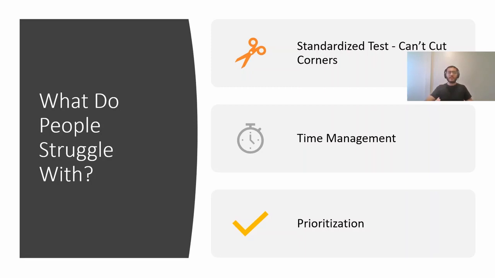And regardless of how skilled you are at math, just knowing how to prioritize, knowing when to invest your time can ensure that you get the chance to answer just a couple more answers properly. And that can boost your score by 20, 30 points, which could be the difference between getting into the college of your dreams or not.